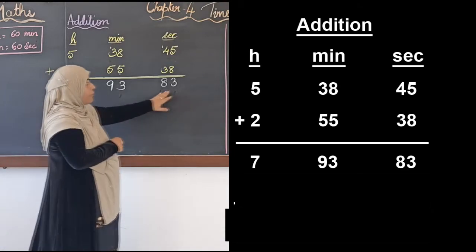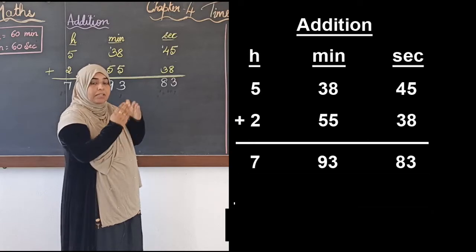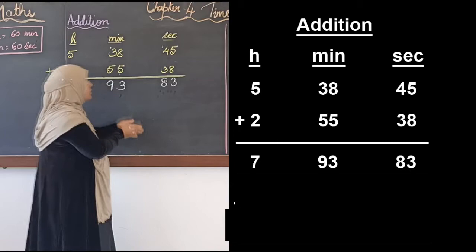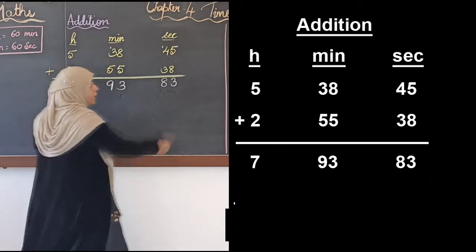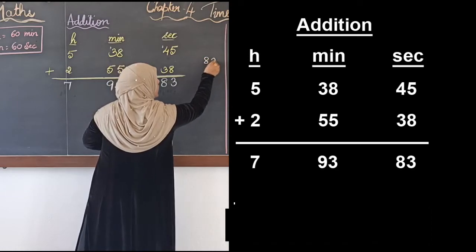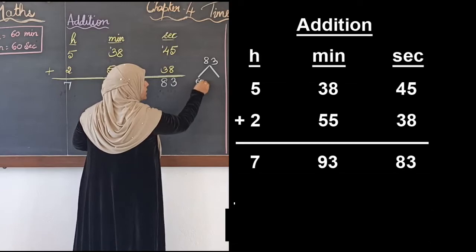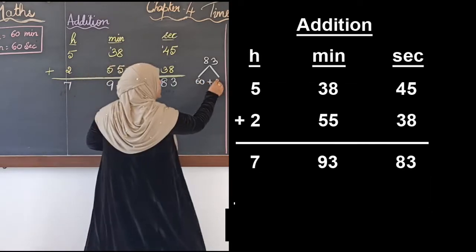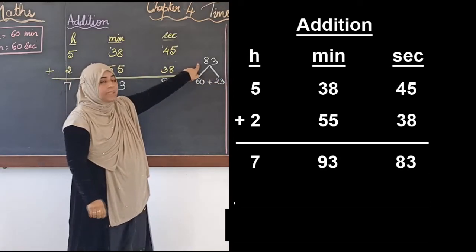So we have to take out 60 seconds from 83 and take it to minutes. We break 83 as 60 plus 23. If we remove 60, what remains? 23, isn't it? 60 plus 23 makes 83.